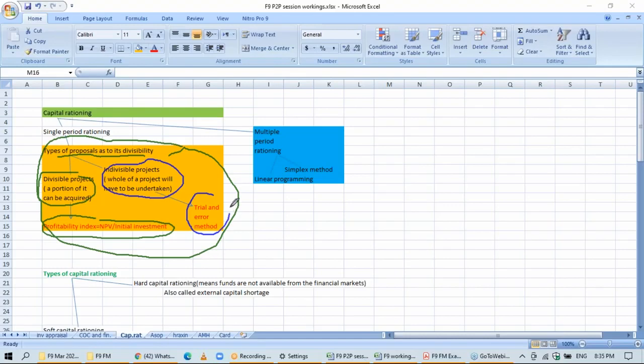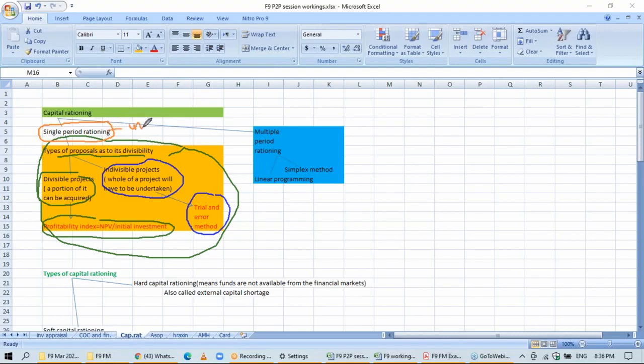Now one more rule is to be discussed over here, and that rule is whether the fund shortage continues in future. If it won't continue in the future, in that case we will be using single period capital rationing.